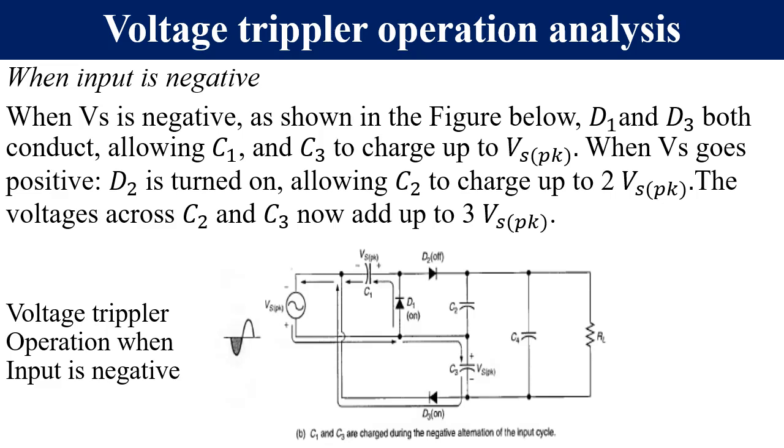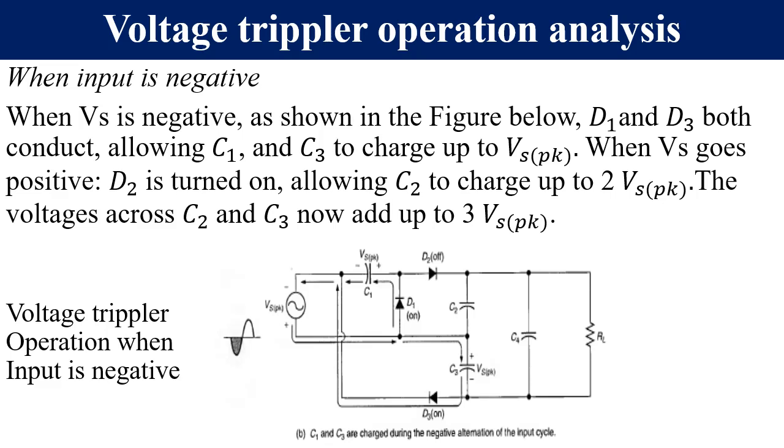And for the positive half cycle, because the input is now positive, D2 is going to be forward biased. C2 is going to charge up to the supply voltage plus the voltage across C1, which is 2 times peak supply voltage.